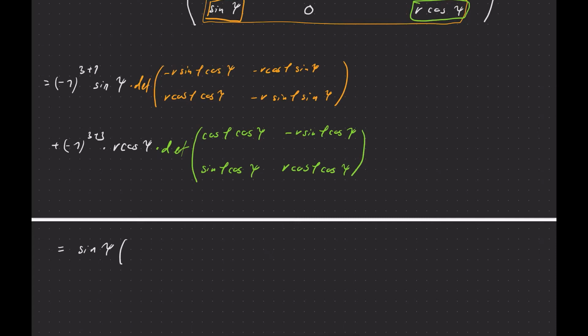This orange determinant becomes, let's see, an r squared sine phi squared, and we have sine psi cos psi, plus r squared cosine phi squared times sine psi cos psi.